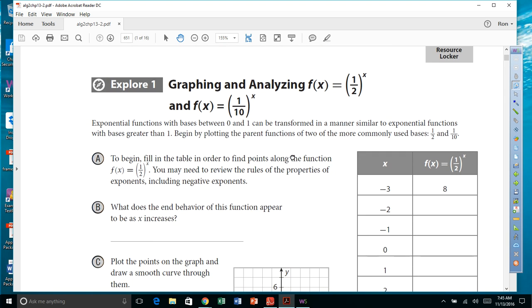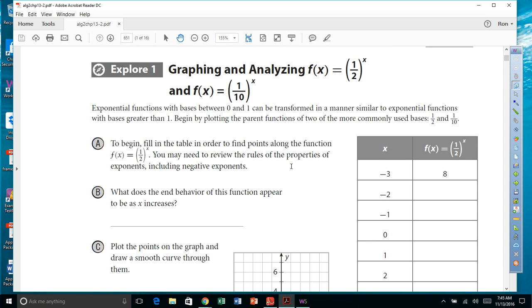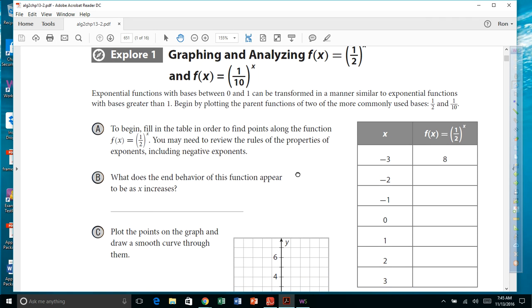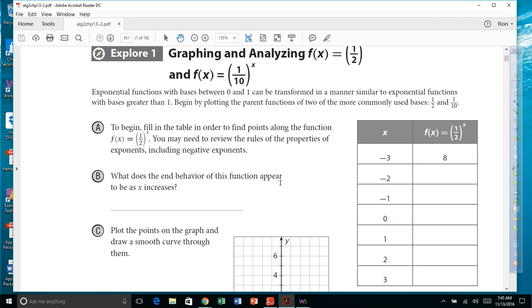Graphing and analyzing f of x equals 1/2 to the x power and f of x equals 1/10 to the x power. Exponential functions with bases between 0 and 1 can be transformed in a manner similar to exponential functions with bases greater than 1.